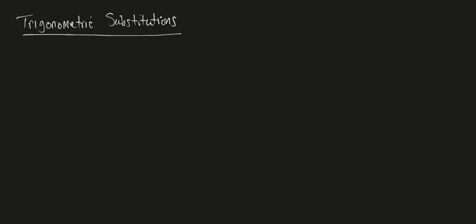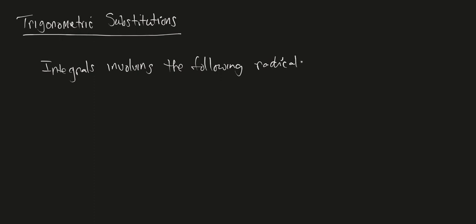So what are these functions? What are the clues that we're going to look for? Well, we are going to be interested in integrals that involve the following radicals, right?